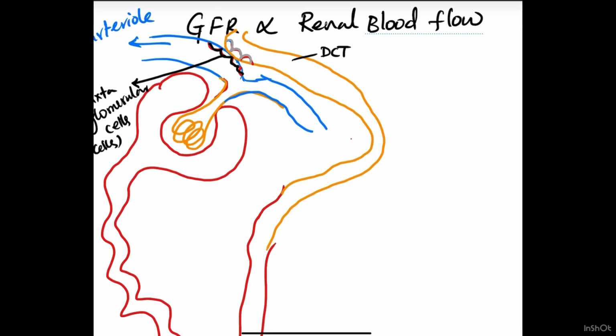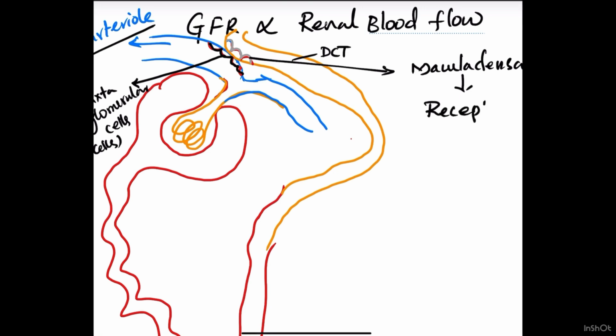On the DCT side, these modified cells are called the macula densa. The macula densa is the modified epithelial cells of the DCT, and the juxtaglomerular cells are the modified cells of the afferent arteriole. You got the clarity. Now let us go to the function of the macula densa. The macula densa acts as a receptor.